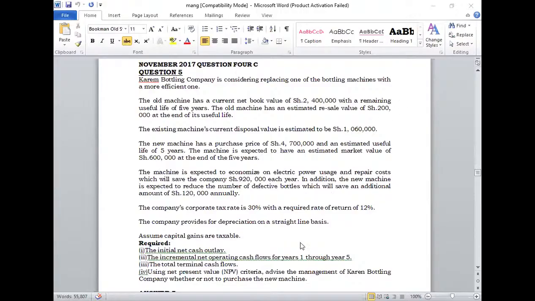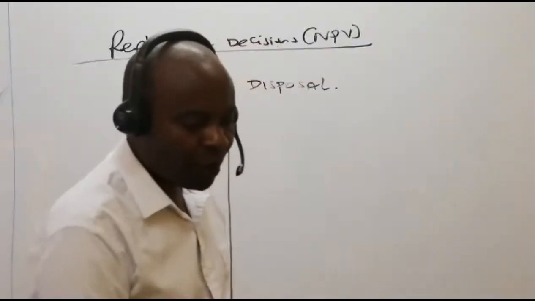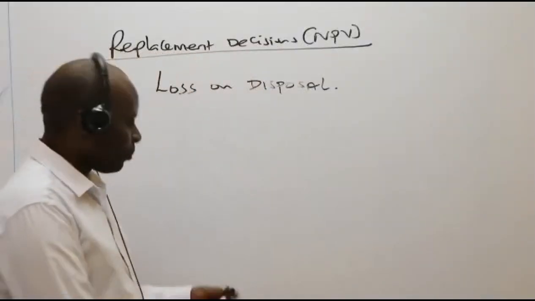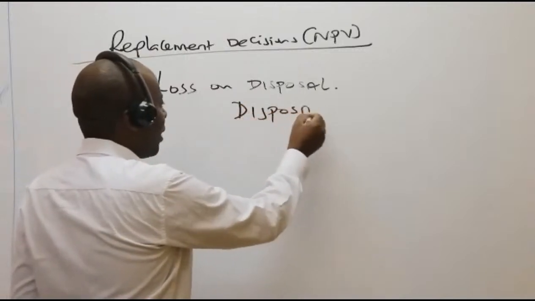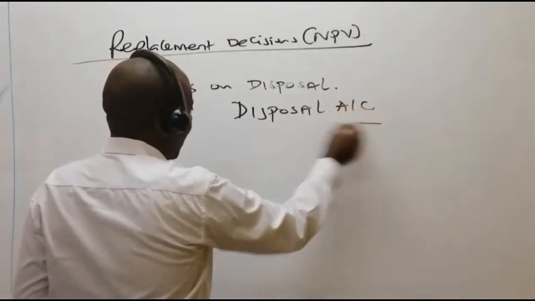So ladies and gentlemen, listen. Remember, in financial accounting, for you to get that loss on disposal, you would have done a disposals account. This is how you do it in CPA financial accounting.